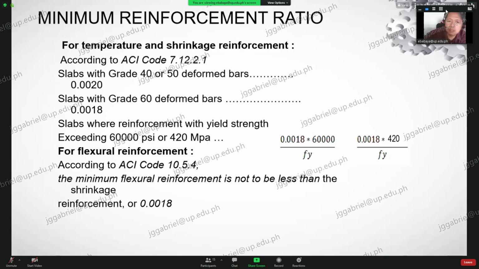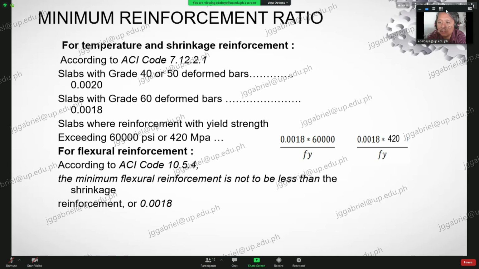Okay, because in temperature, when there are temperature changes, your concrete would usually shrink or expand or contract. That process of expanding and contracting creates stresses.